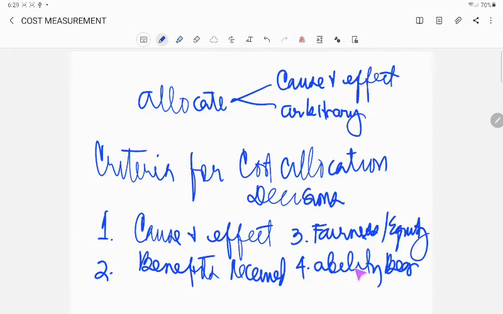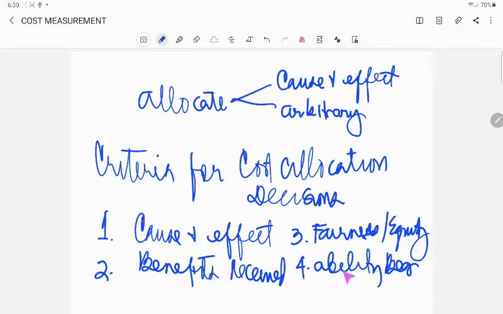Ito, ginagamit pag sa responsibility accounting nyo class, kasi yung mga period cost mo doon, 'di ba? You have to allocate it per division. So, 'yun. Base 'yun sa ability to bear. May mga basis lagi pag sa pag-allocate. Pero kung mapapansin nyo, depende kasi sa topic na pinag-uusapan.